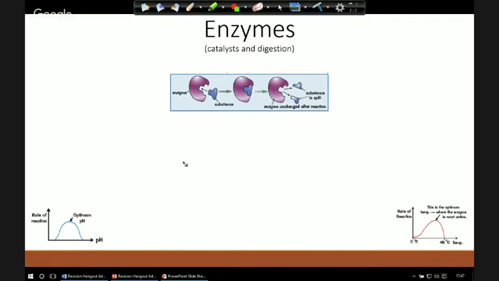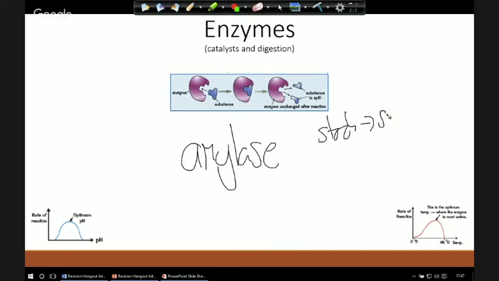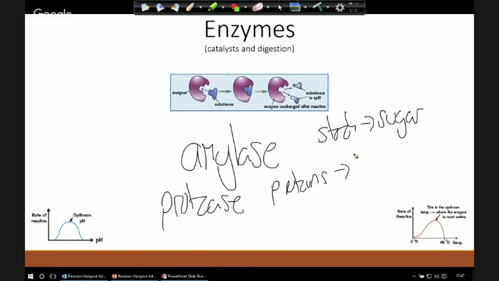Now, finally, with enzymes, it is important that you know 3 key parts to do with the human body. And these are amylase. Amylase breaks starch to sugar. We find it in our salivary glands, pancreas, the intestine. We then have protease, which breaks down proteins to amino acids.